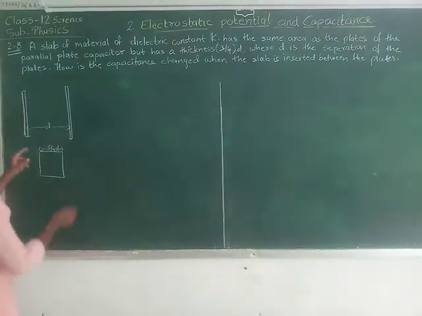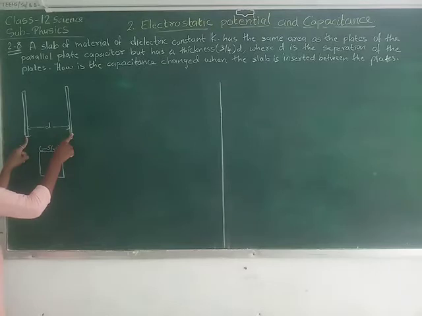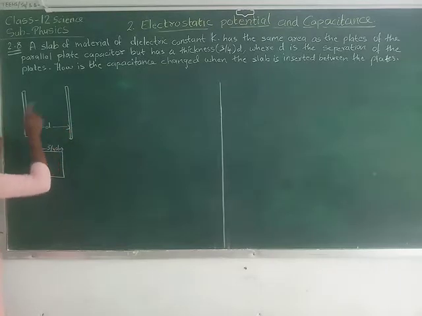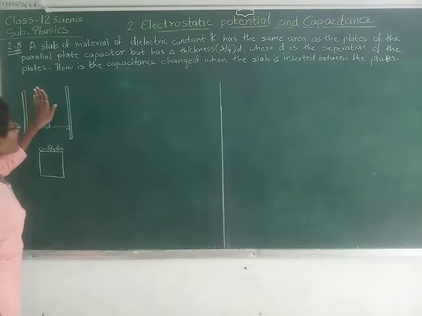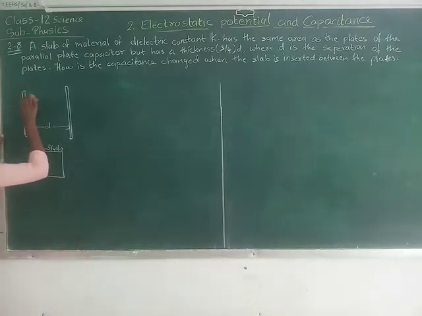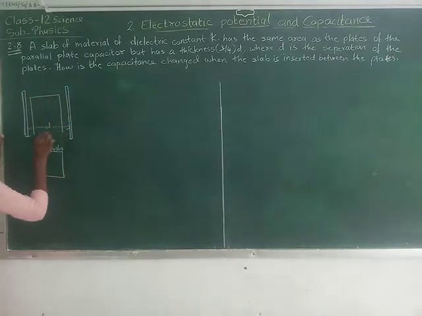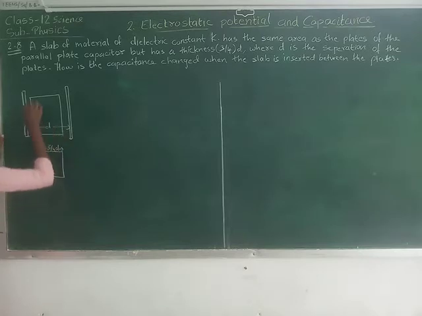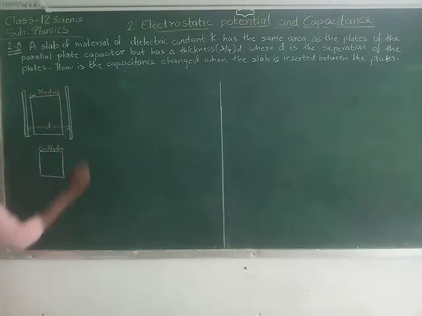So here we are having two parallel plates, a parallel plate capacitor, and the distance between them is d. Between these plates of the capacitor, we need to insert the material of dielectric constant K, and its thickness is 3/4 d.